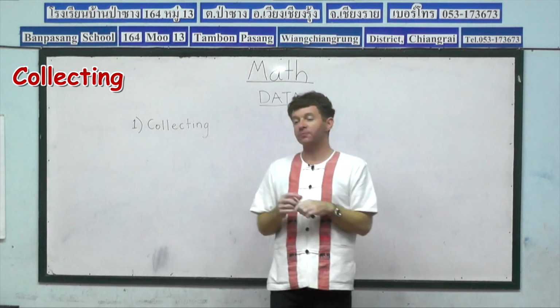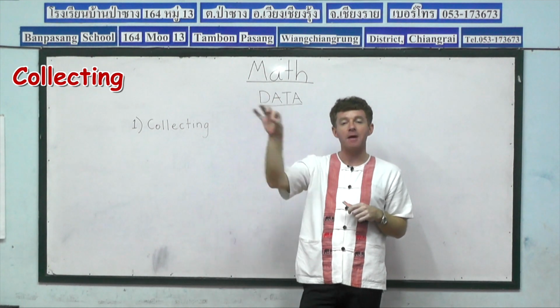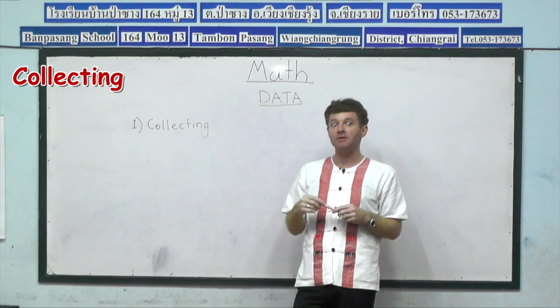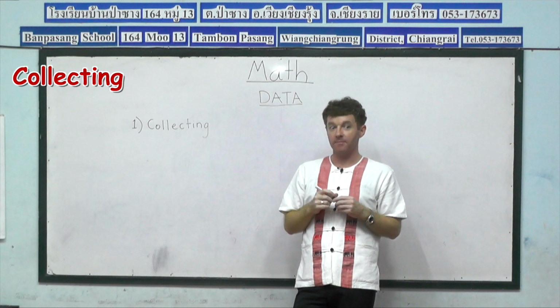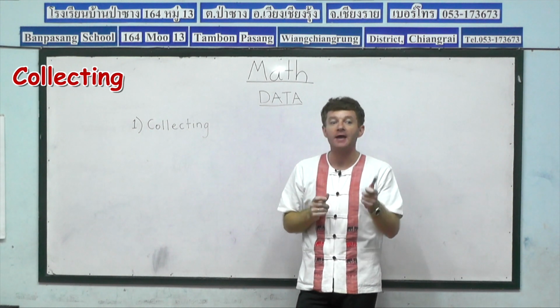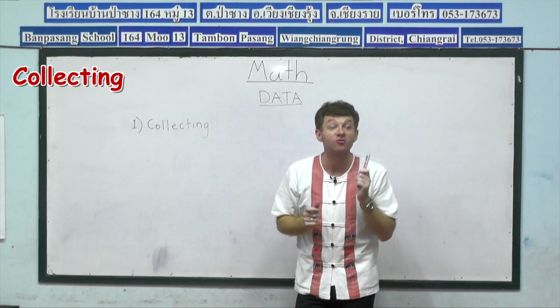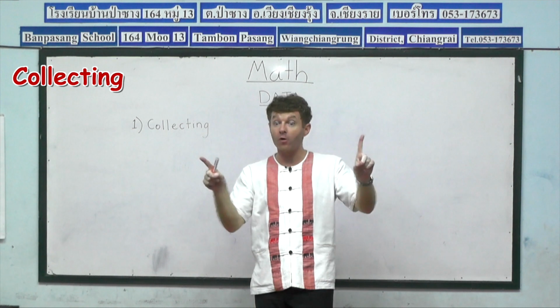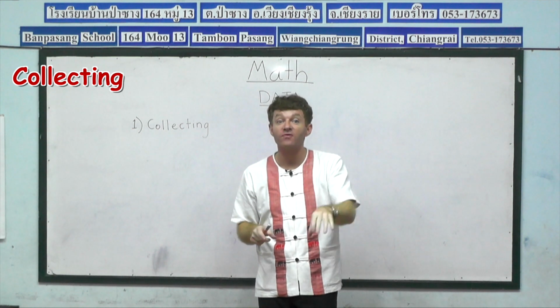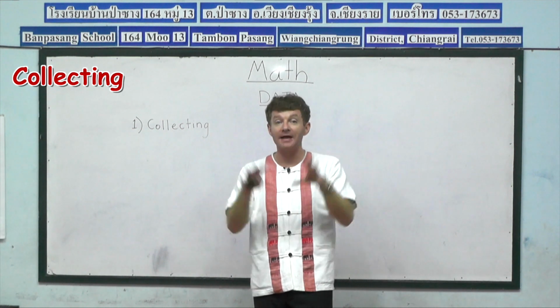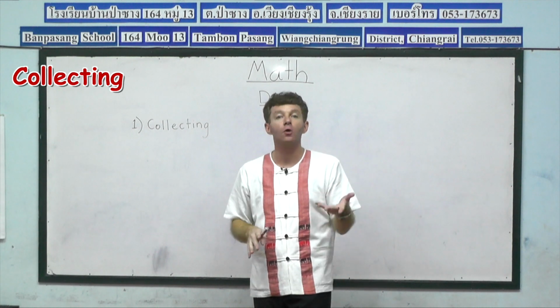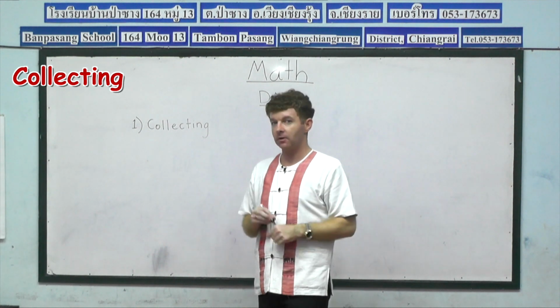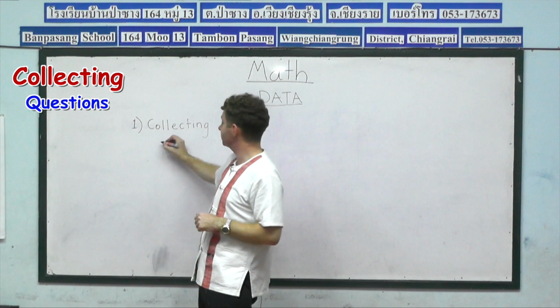And for a bonus point, guys, does anybody remember what we call a series of questions? Beginning with S. We can call it a survey. Okay? So a question is just one. But if we ask 4 or 5 questions, all relating to the same topic, we call this a survey. So let's write them 2 words under collecting.